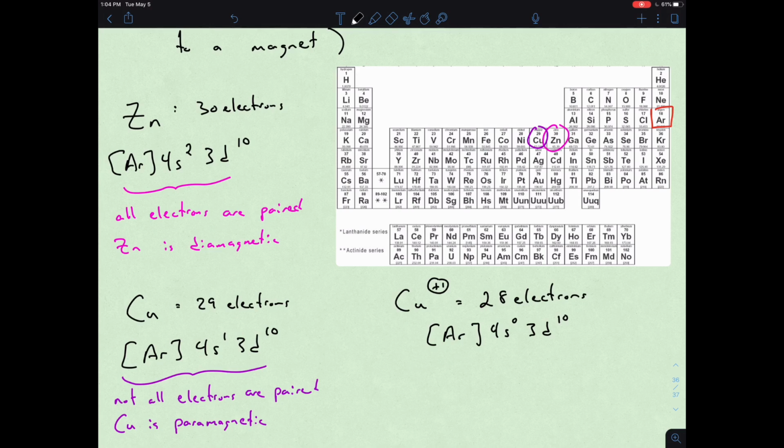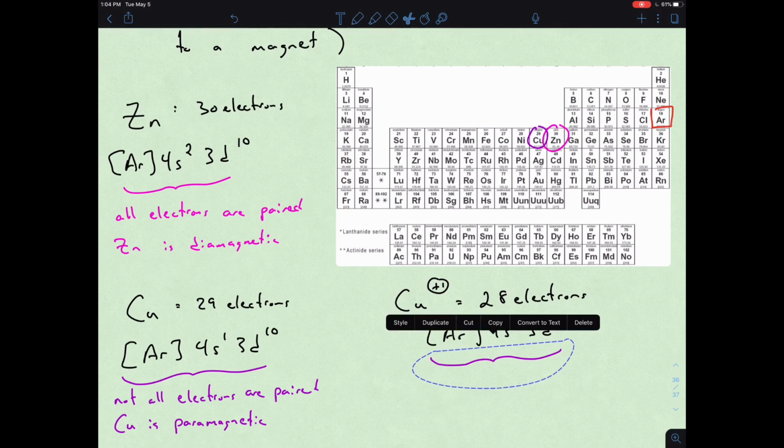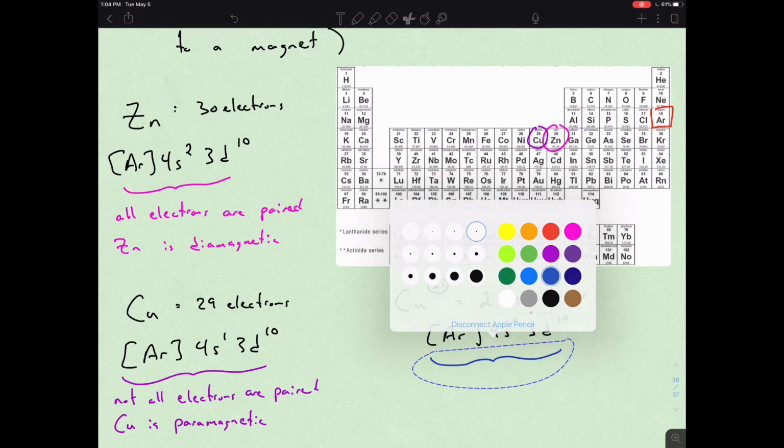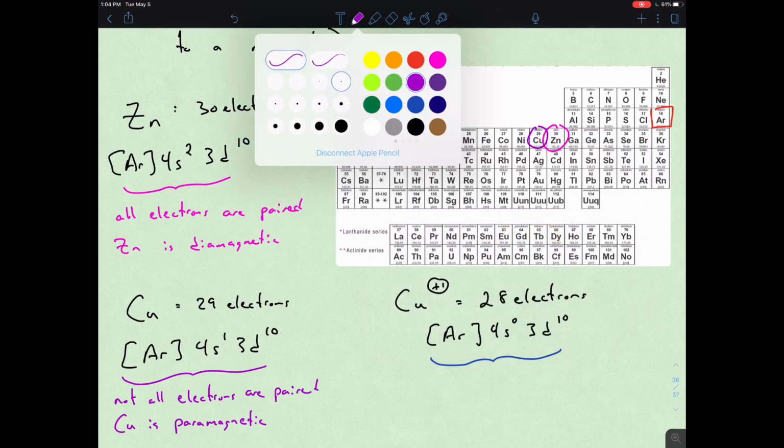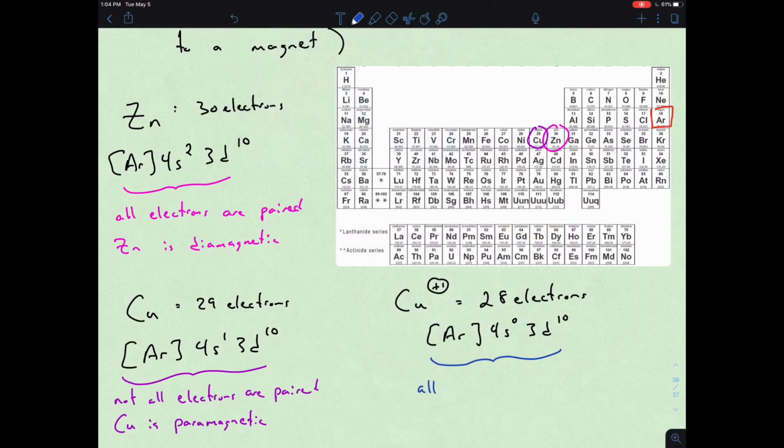But what we do observe is that in terms of our copper plus 1, all of these electrons are paired. And copper plus 1 is actually diamagnetic.